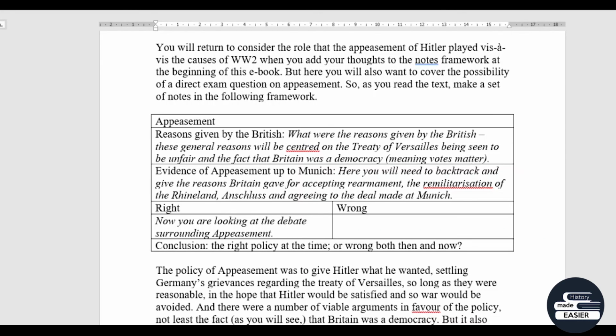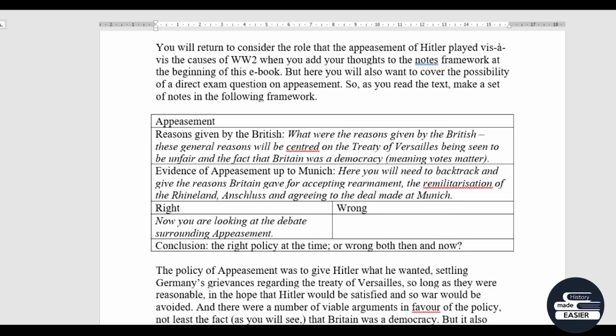But then there are specific reasons that Britain held to at each stage of appeasement. You can see there that I begin with rearmament before moving on to remilitarization of the Rhineland, Anschluss and the Munich Agreement.